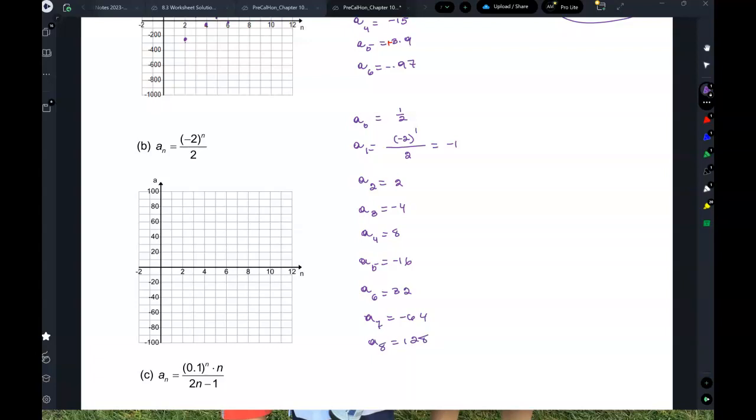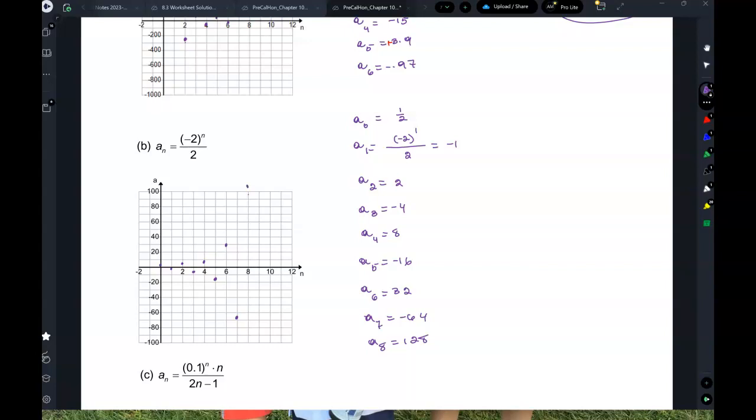You need at least 5, and then if you still can't figure it out, go for more. So we have a half, a negative 1, a 2, a negative 4, an 8, a negative 16, and then this is where it really starts to show, right? Because you have 32, negative 64, and 128.